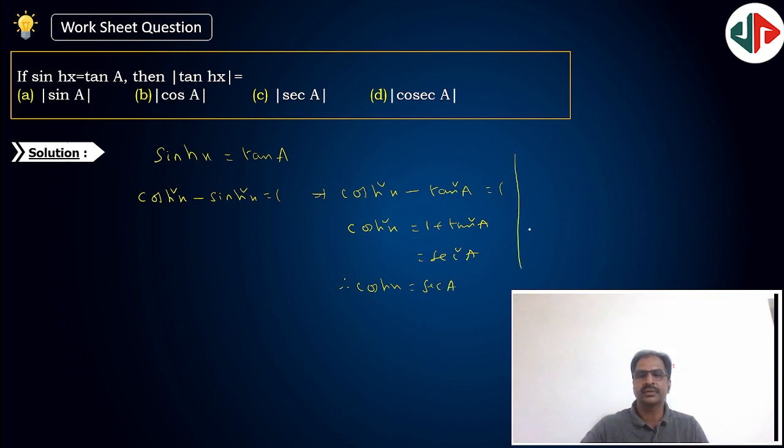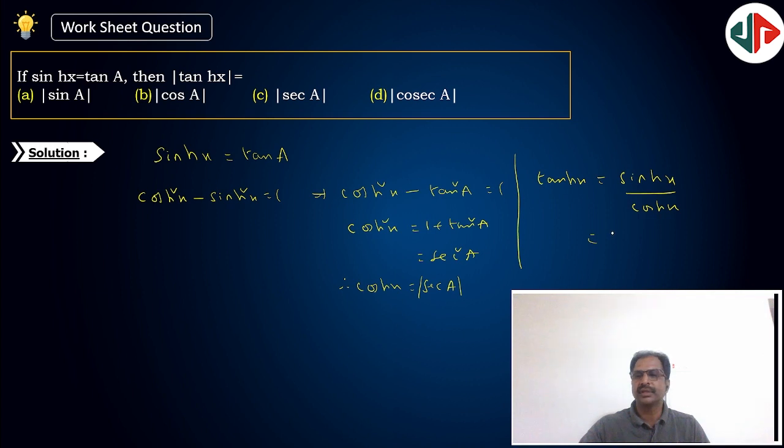What is required for us? Tan hx, which is nothing but sin hx by cos hx. Since cos h square x is secant square a, cos hx is mod of secant a.